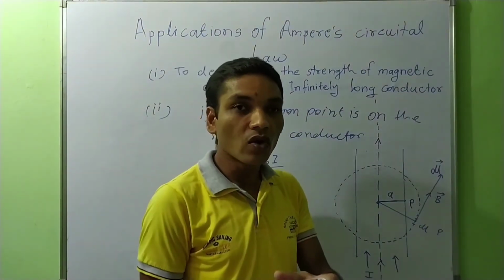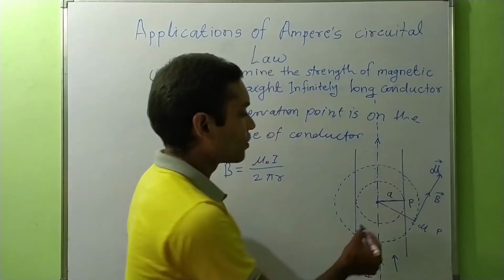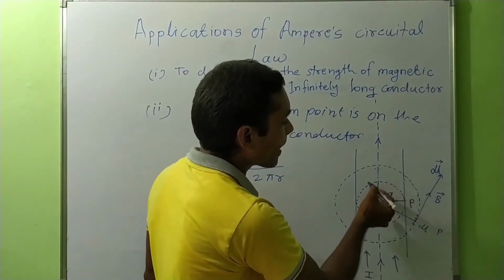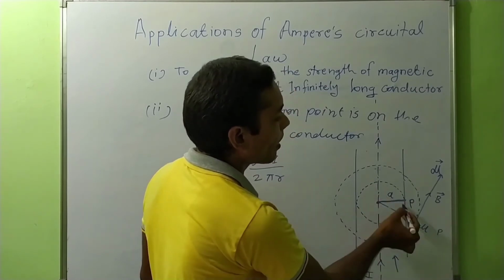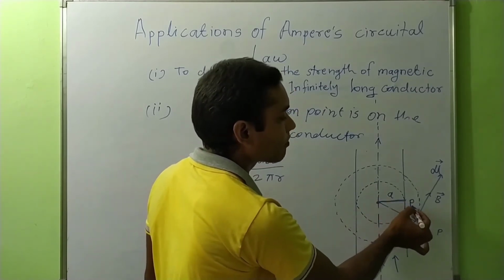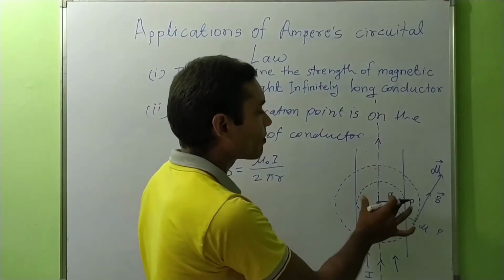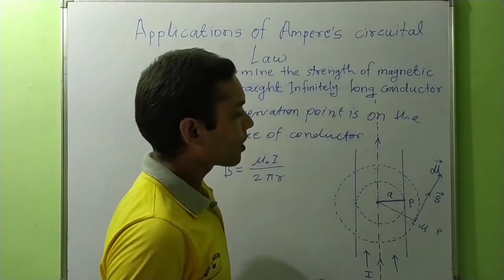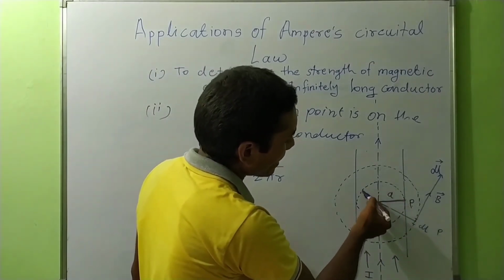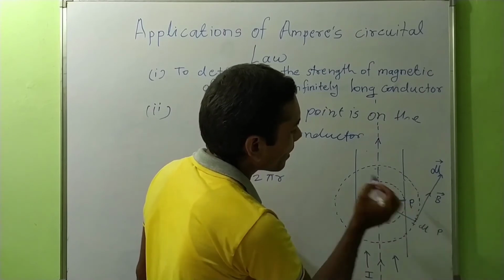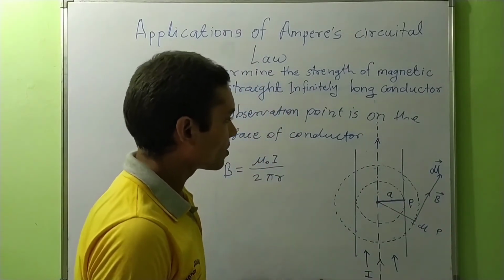So we will have to draw an Amperian loop like this. This circular loop is the Amperian loop of radius small a passing through the observation point P, which point is lying on the surface of the conductor. Here the current flowing through the cross-sectional area of radius a is I, meaning the current does not change.